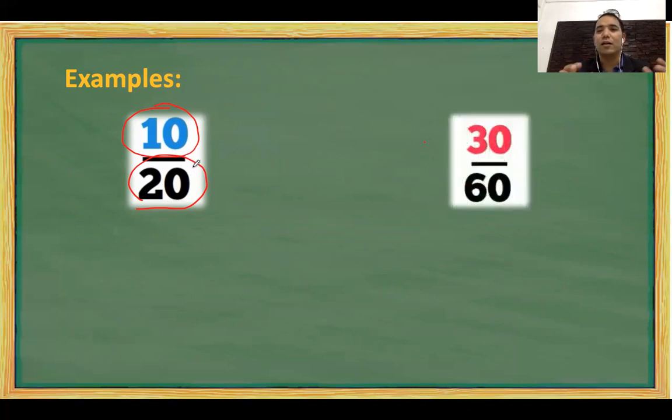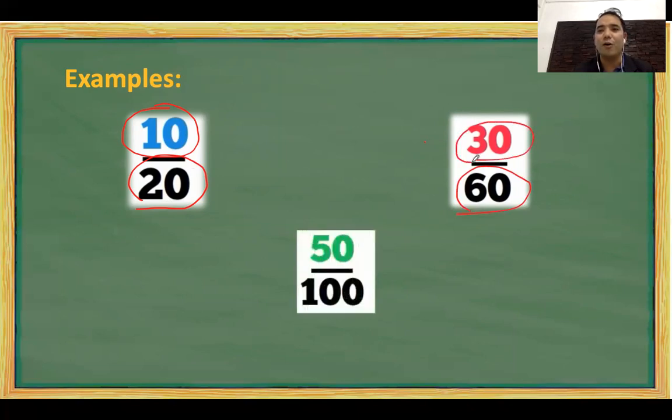What else? 30 over 60. You see? The denominator 60 is twice the numerator. What else? 50 over 100. What else? 500 over 1,000, right? So that is so easy.